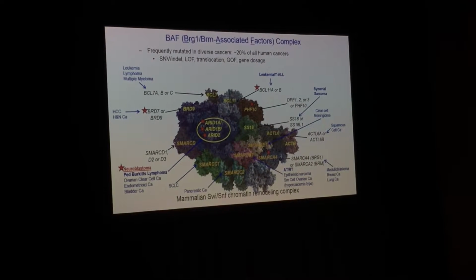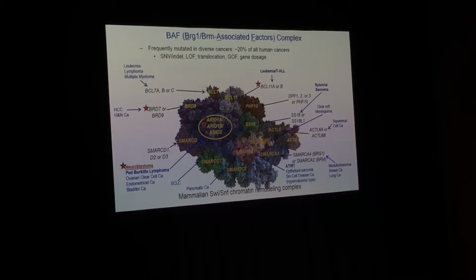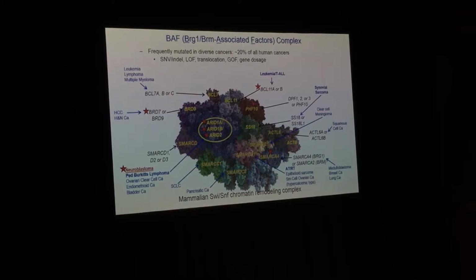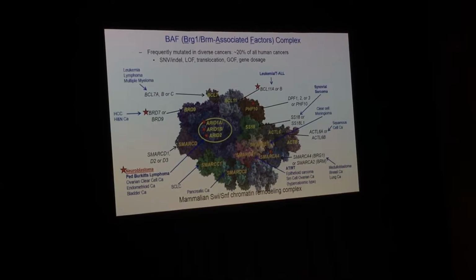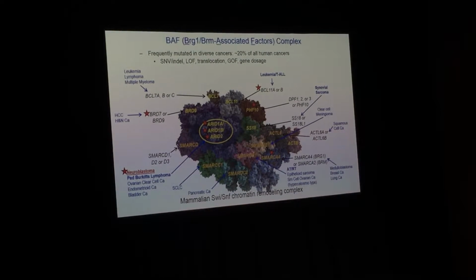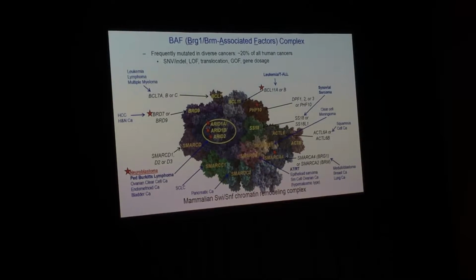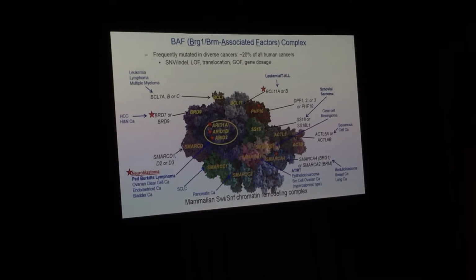So the BAF complex became much more interesting to cancer biologists when the frequent sequencing studies of different diverse cancers were being published, because about 20% of all human cancers have been identified to have mutations that are either activating or inactivating in members of this complex. I'm highlighting some of them here.